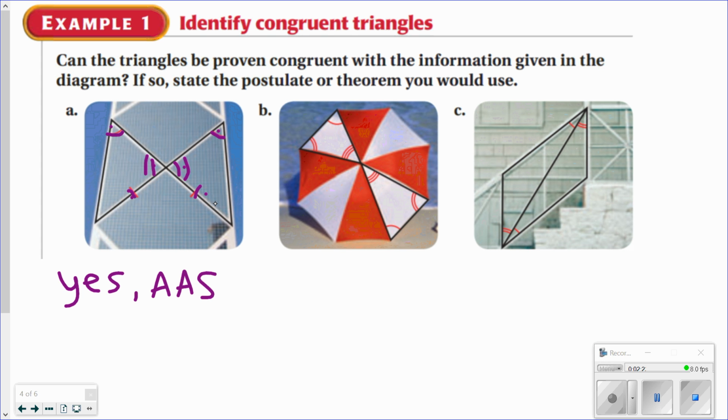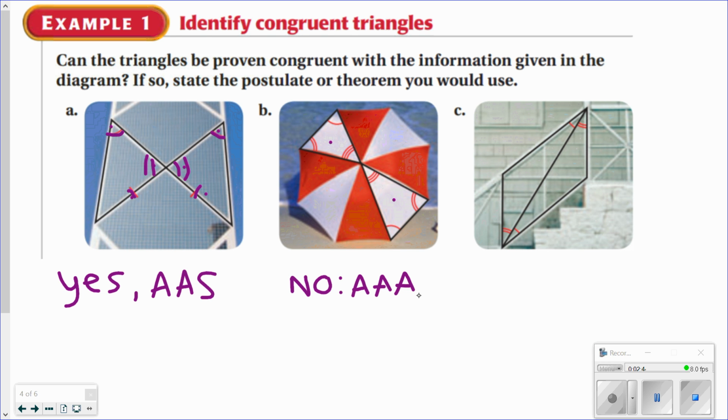All right, for B, if we look at the triangles in this umbrella, are these two triangles congruent? And we're going to say no, there's not enough information because all they give us are three angles. And angle, angle, angle is not one of our 5 congruence theorems.